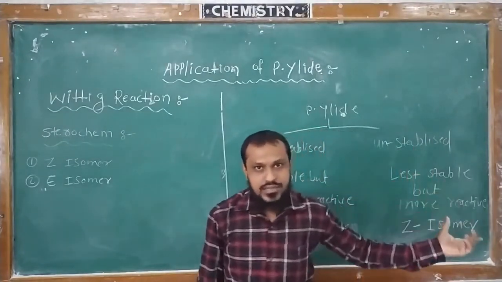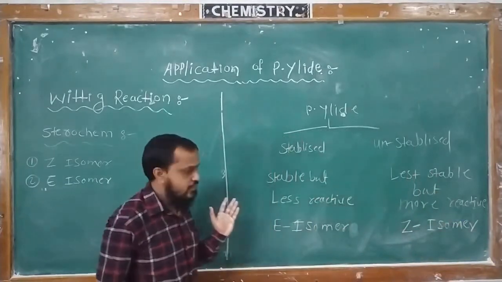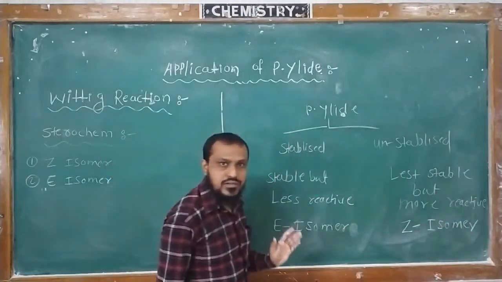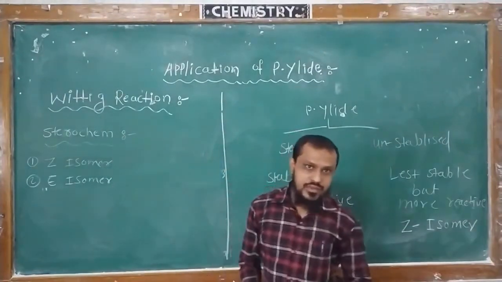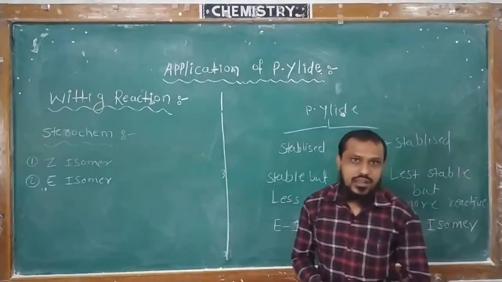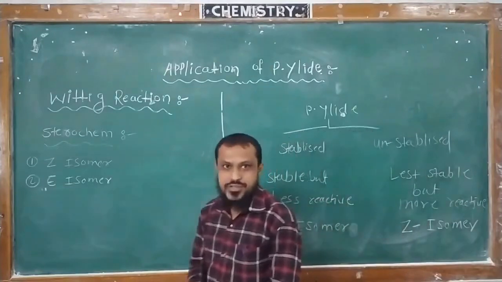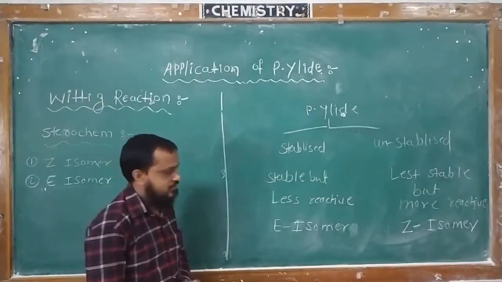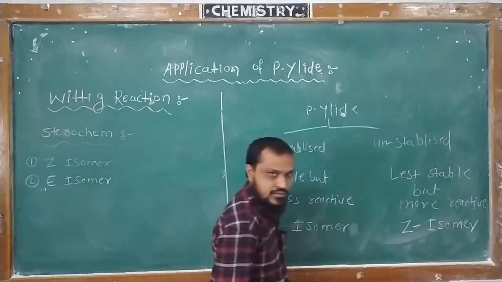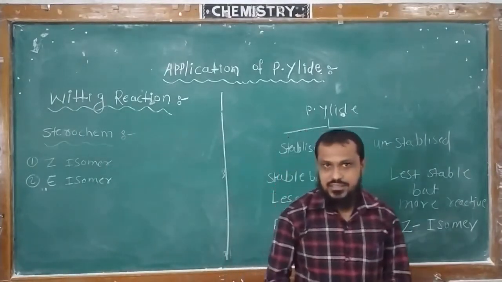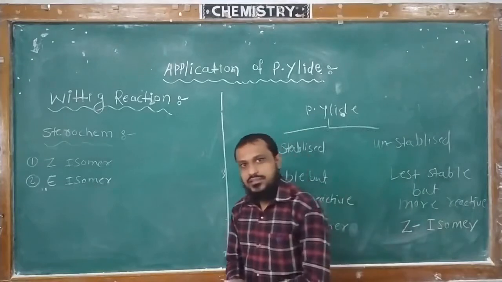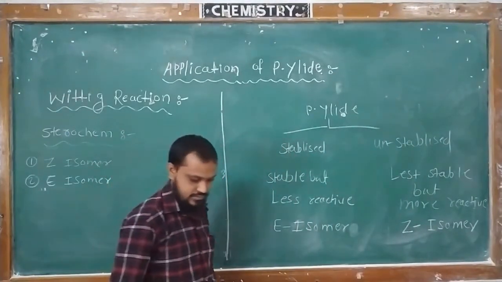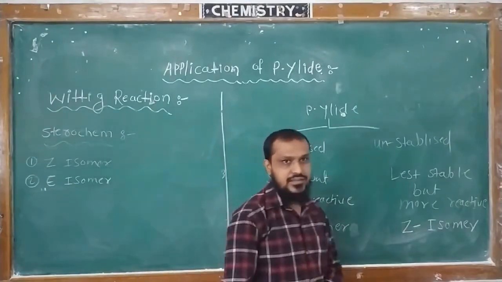So on the basis of the reactivity of phosphorus ylide, the stereochemistry of the Wittig reaction is mentioned. So this is the stereochemistry of the Wittig reaction. I hope you will understand.